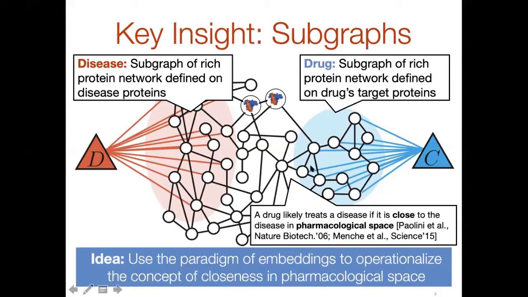It really means that this pharmacological space is an abstract space, which is hard to computationally operationalize. Our idea here is that we use the power of embeddings, which I will define in the next slide, to operationalize this concept of what it means that a drug is close to the disease in pharmacological space, to make this concept computable such that we can learn and reason over it and then make predictions about drug-disease relationships.